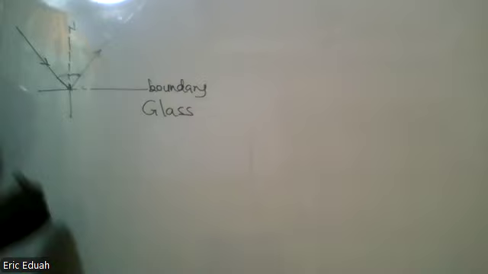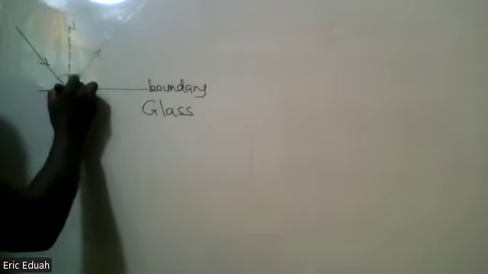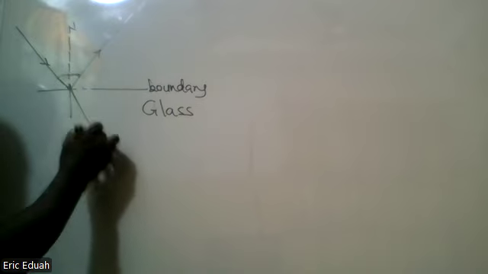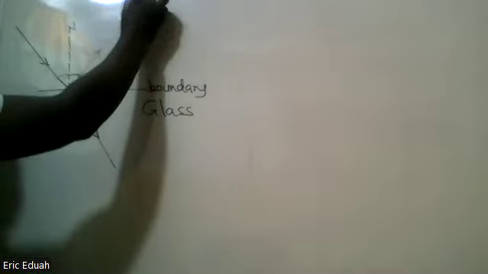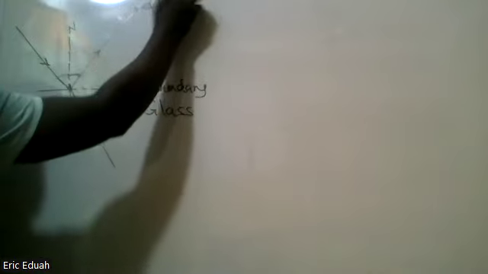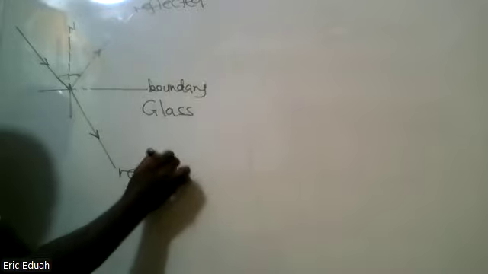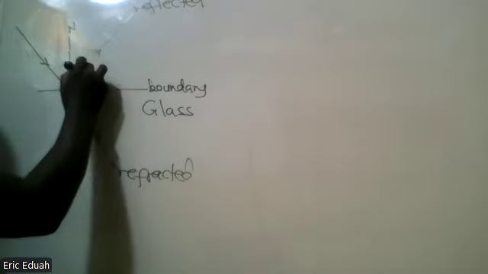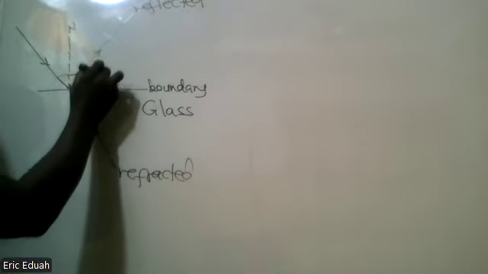Then, because the ray is moving from air to glass, it will be bent towards the normal. Now we are told that the angle between the reflected and the refracted ray is 90, so this angle must be 90 degrees.